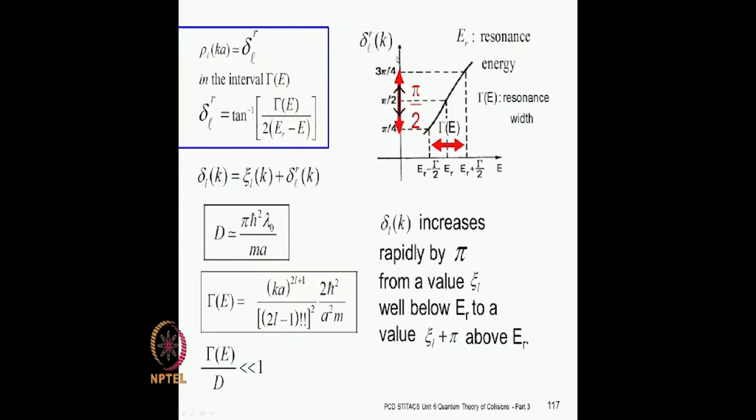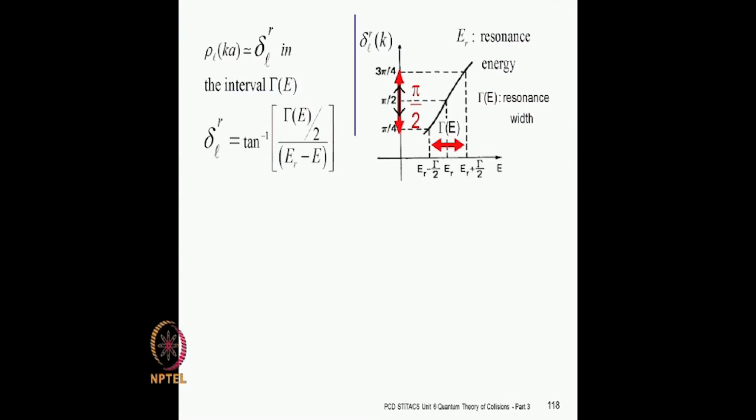So, the total phase shift is pi when you go across the resonance. But right at the resonance, within what you call the width of the resonance, the phase shift changes very rapidly through pi by 2. And these resonances appear as spikes, as sharp variations in the cross section, because the widths of these resonances are small compared to the spacing between the resonances, which is given by the distance between the adjacent asymptotes, which we discussed in the previous class.